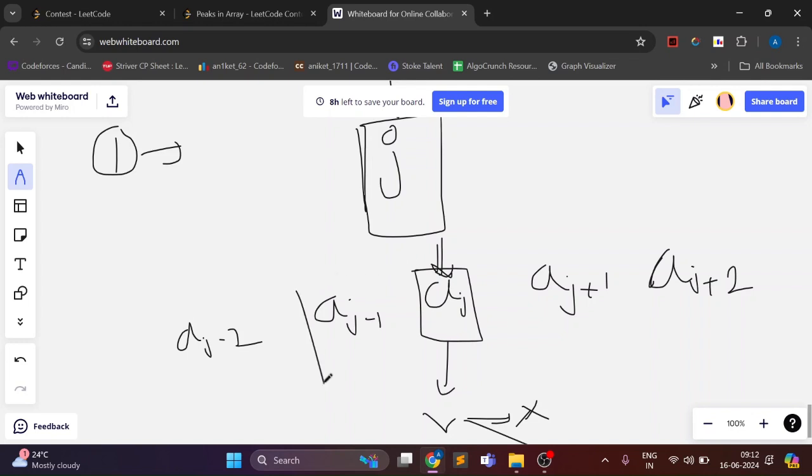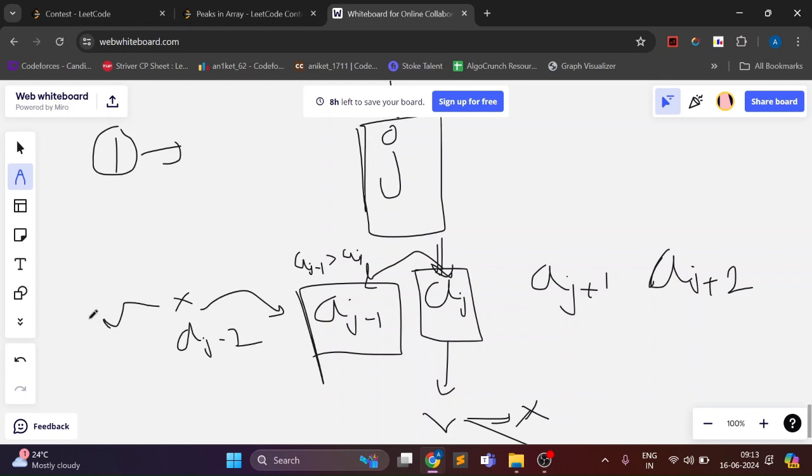Similarly, it also affects a of j minus 1, because changing the value of a of j also changes the condition that a of j minus 1 must be greater than a of j, which is required for being a peak. But it will not affect a of j minus 2, because that is completely related to a of j minus 3 and a of j minus 1.